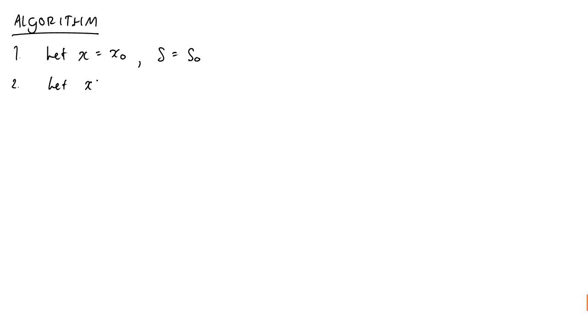Let x star EQP and lambda star EQP solve the EQP defined by S. Obviously we've got our problem defined and we just solve the EQP corresponding to the constraints in our active set. So we solve that.